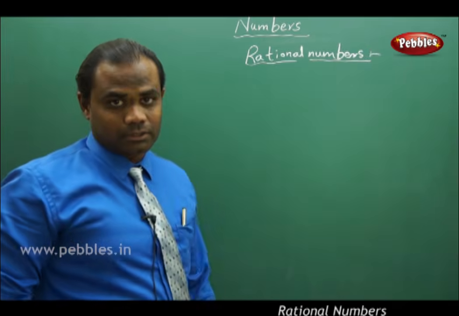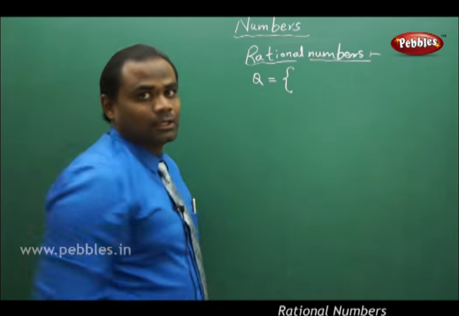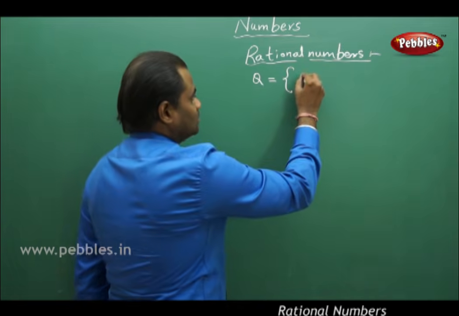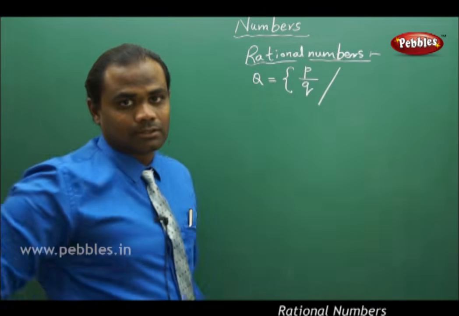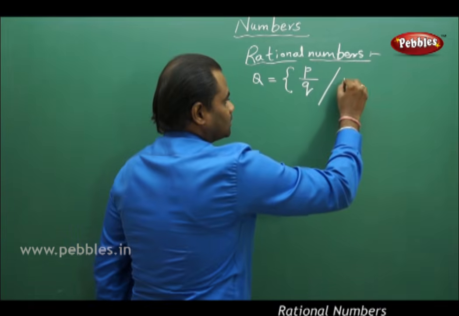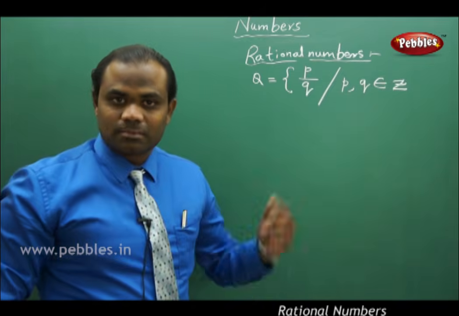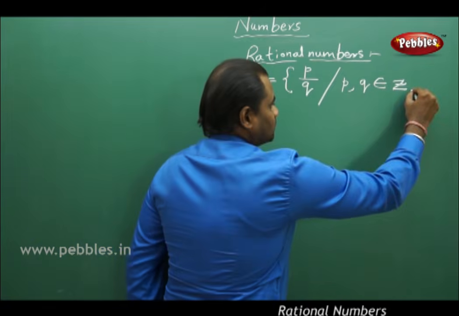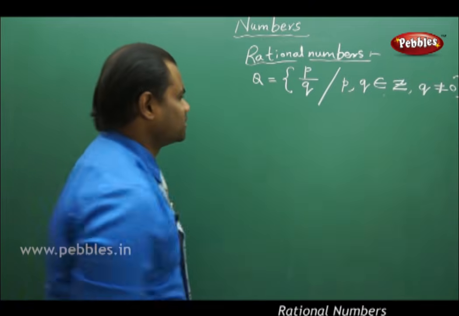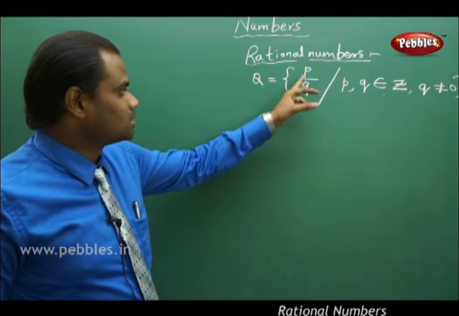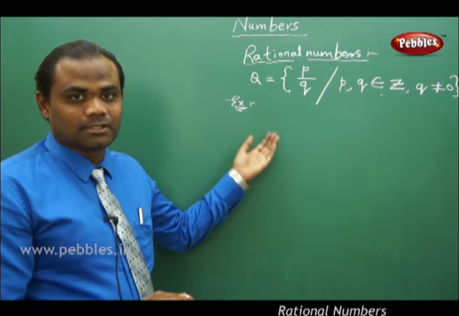Rational numbers are denoted with capital Q. We define rational numbers in set builder form as all the numbers which can be denoted in the form P by Q, such that P and Q must be integers, which we have already discussed in the previous session, and Q should not be equal to 0. Under these two conditions, we define numbers of the form P by Q as rational numbers. Let's see some examples.